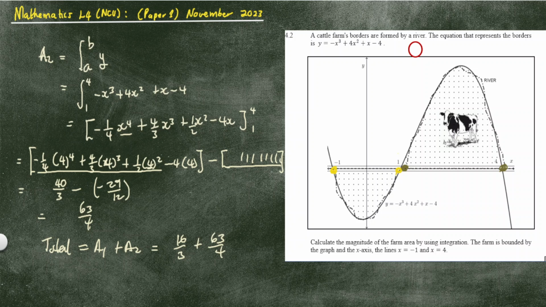So the final answer is going to be 253/12. This is my final answer. But if they want it in 3 decimal places, it's 21.083. This is the area.